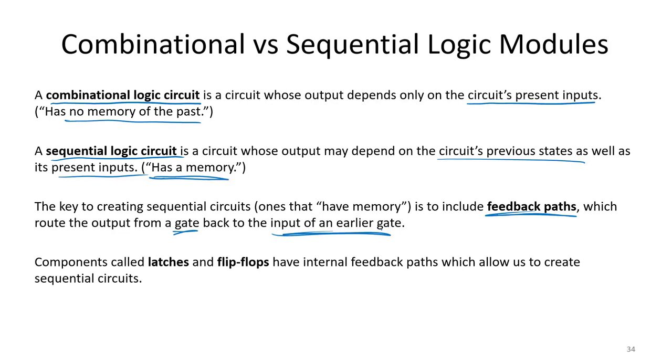There are some special circuit components called latches and flip-flops which have those feedback paths. And so we use latches and flip-flops to help us create memory and sequential circuits.